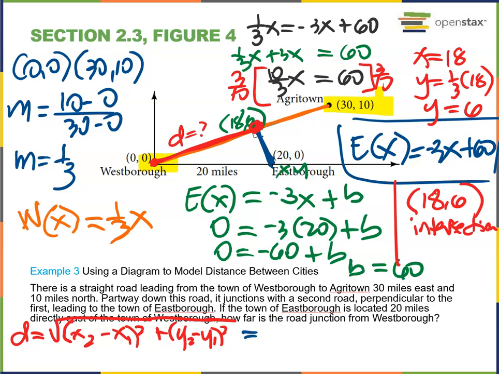We're using the point of intersection and Westboro because we want the distance from Westboro to this junction. So 0, 0 and 18, 6. This is the square root of 18 minus 0 squared plus 6 minus 0 squared, which is the square root of 18 squared plus 6 squared.